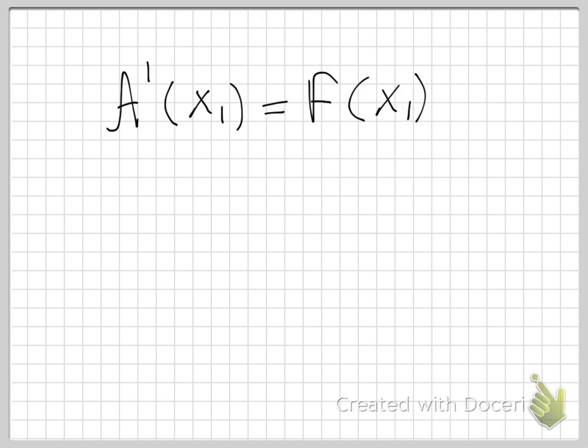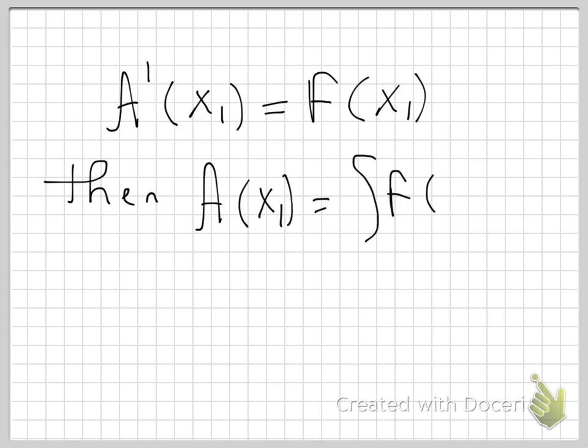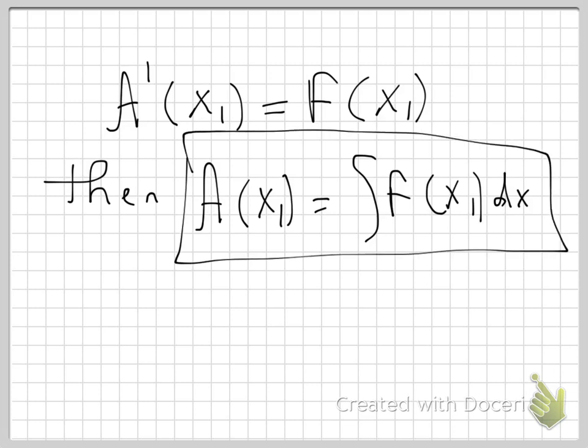And consequently, if A prime of x1 equals f of x1, then the area A of x1 is equal to the integral of f of x1 dx. So that's how we can prove the relation between the area and the integral.